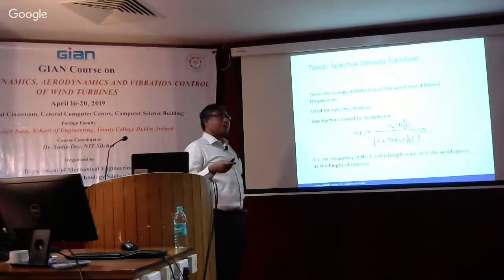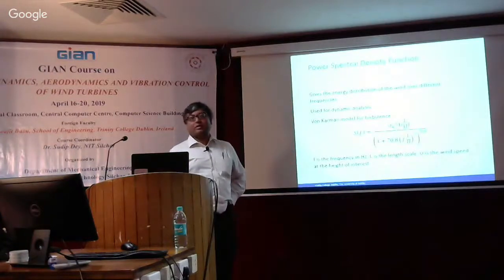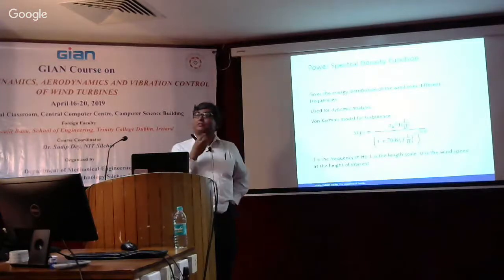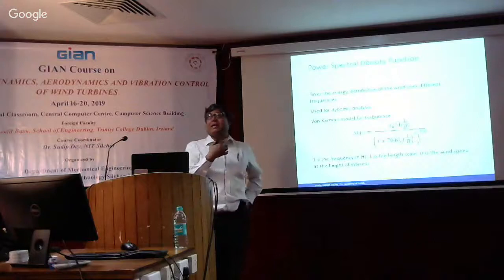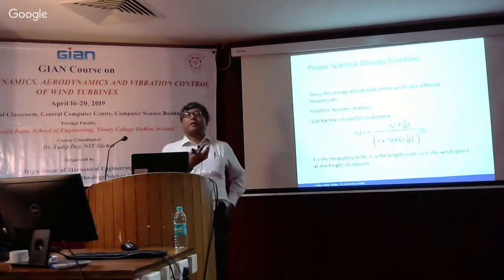You can also use rapid distortion theory, but that's a different theory altogether. It's by Townsend. Here we are not satisfying the equations of motion. This is basically empirically generated, meaning that we are not satisfying the continuity equation or the momentum equation.